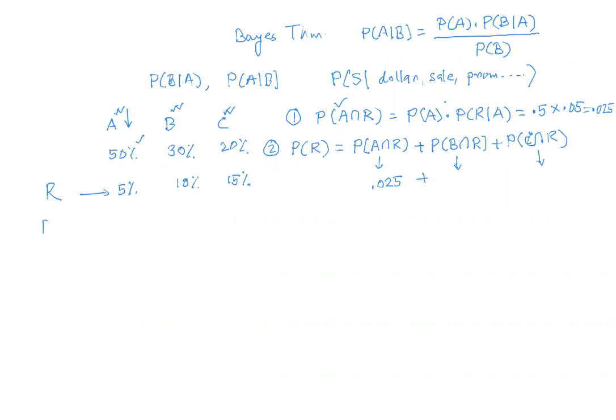So the probability of staying at hotel B and having a reservation problem is the probability of hotel B times the probability of having a reservation problem given that the person stays at hotel B. Note, the probability of staying at hotel B is 30% or 0.30, times the probability of a reservation issue given that the person stays at hotel B. Given means it restricts you to this column B. So if you stay at hotel B, what is the reservation problem chance?